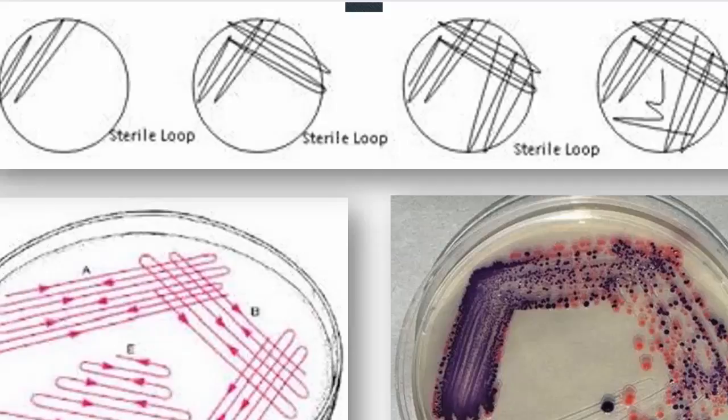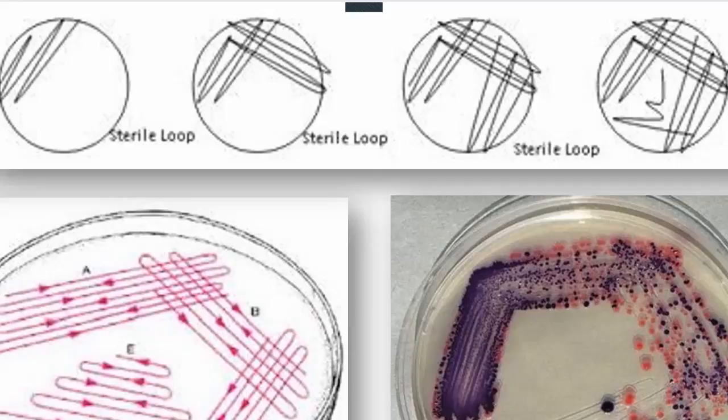When you are looking to get a pure isolated colony, there are several variants and several methods. It is a choice of the experiment. Somebody may say I will not go for this kind of method, and somebody will use another method. It is a choice of the research.